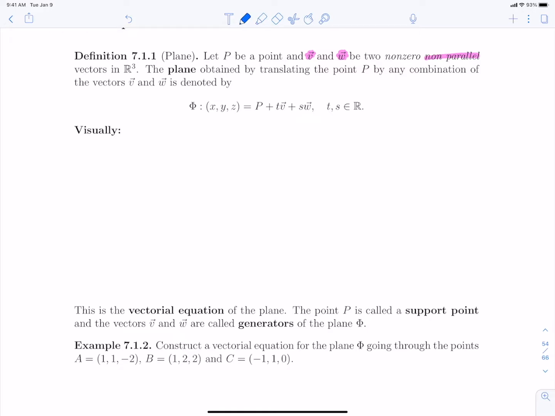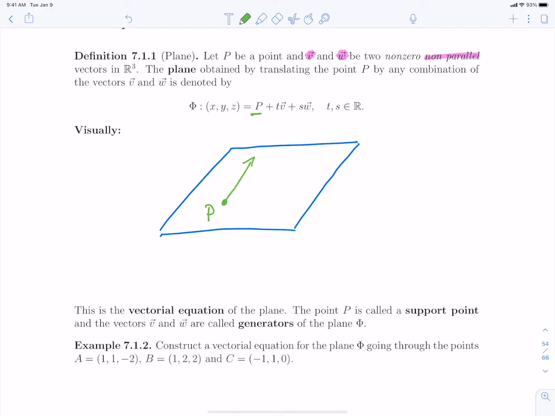So if I was to draw this, I've got this plane here, and using the information that I have, we're going to have this point P, just like we see in the equation. Now from P, we're going to take two vectors. We're going to take a vector v, and a vector w.